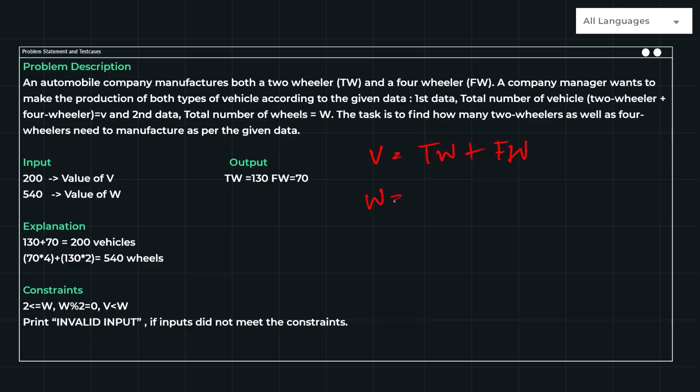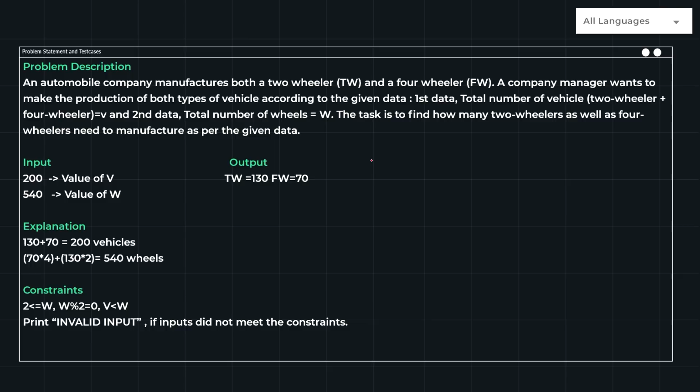and wheels mean how many wheels the two-wheelers have, that is 2 into two-wheelers, because each two-wheeler has two wheels. So for TW number of two-wheelers, you need 2 into TW number of wheels, plus for FW number of four-wheelers, you need FW into 4.